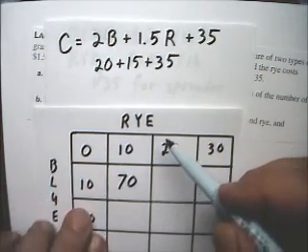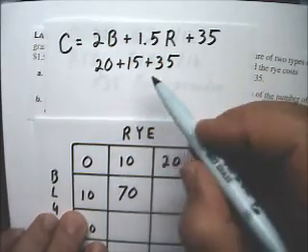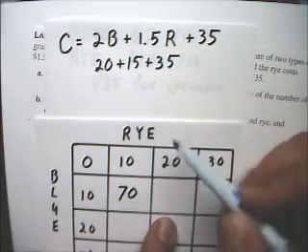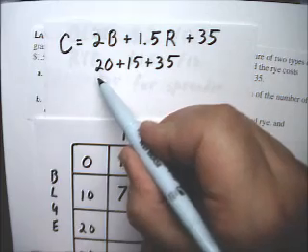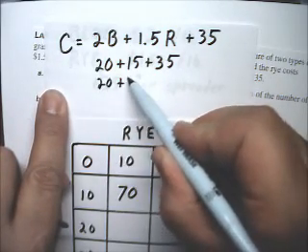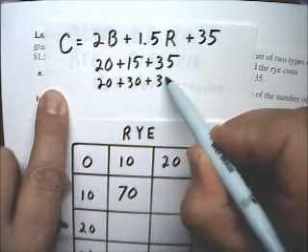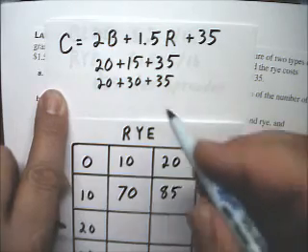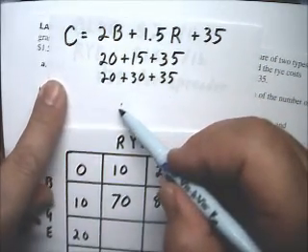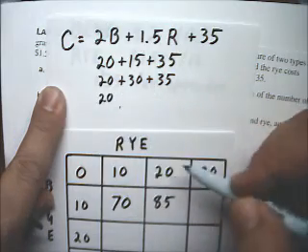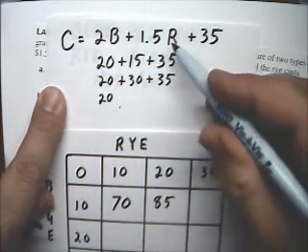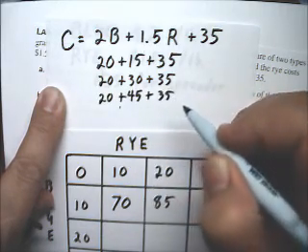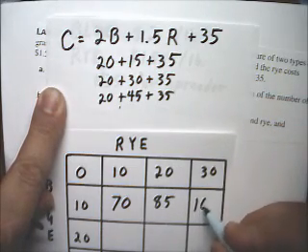And if we leave the bluegrass at 10 and start changing these, if we go up to 20 on the ryegrass, that's going to be 20 plus 30 plus 35, and that's 85. And if we leave the bluegrass at 10, and make this 30, that's going to be 45 here, plus 35, and that's going to add up to 100.